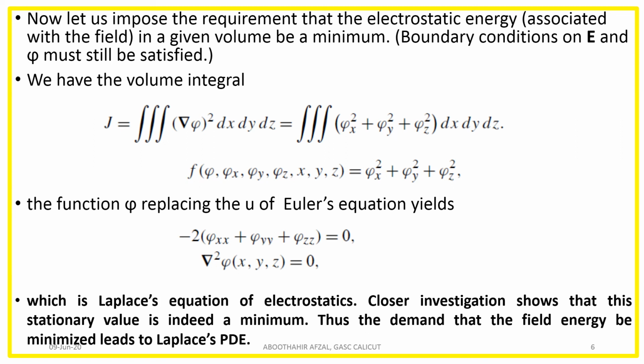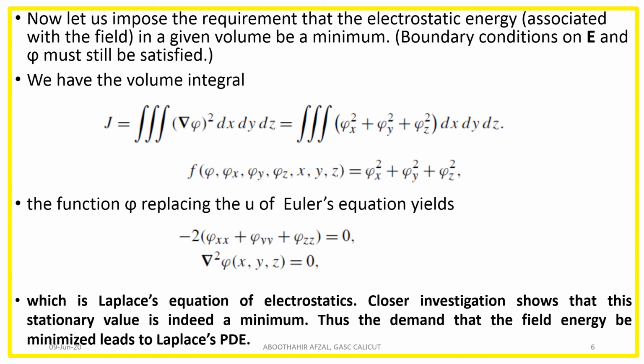Now using the value of f, we put it in the Euler equation for several independent variables. We get ∂f/∂u minus ∂/∂x of ∂f/∂u_x, and so on. If you put it in that equation, we will get minus 2 times phi_xx plus phi_yy plus phi_zz, where the derivative of phi_x with respect to x is phi_xx.